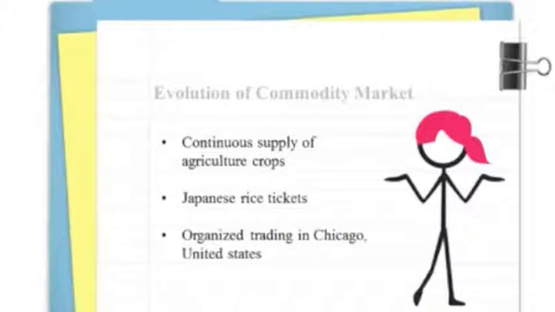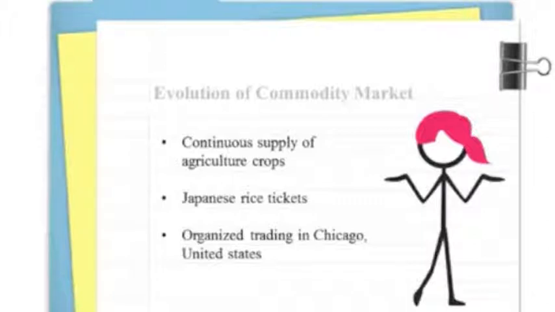The concept of organized trading in commodities evolved in the middle of the 19th century in Chicago, United States. That time, Chicago had emerged as a major commercial hub with railroads and commercial lines connecting it to the rest of the world. However, lack of organized storage facilities and the absence of uniform mechanisms confined them to the mercy of dealers' discretion.